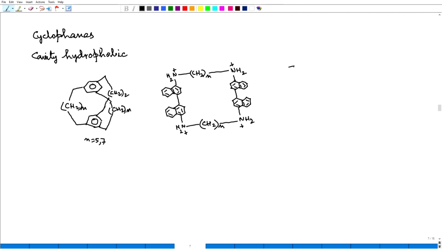If I want to extract an organic compound from aqueous medium, the biphenyl methane moiety is quite a common moiety in cyclophanes. So, this is it, and then CH2N, NH.